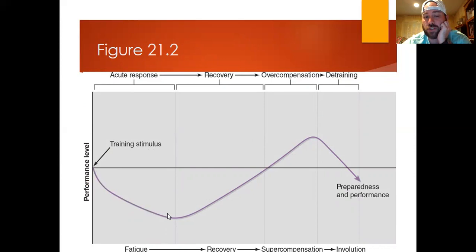But then all of a sudden what happens? You recover, right? And now we've hit this point where we can overcompensate. We can change the stimuli. And guess what? It's easier. Why? Because now we've hit a new level of training. And then we do it all over again. All right? That's what we're talking about. That's the importance of periodization.